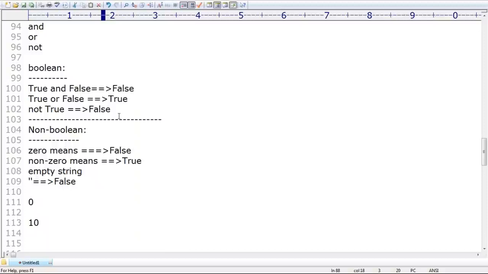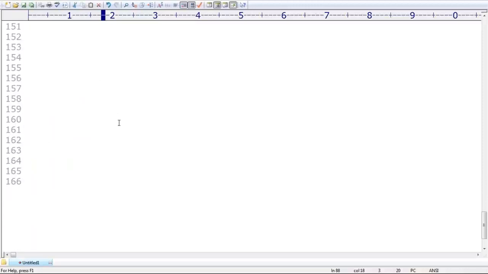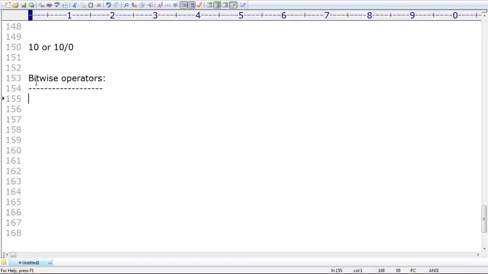Okay, next there is one concept named bitwise operators. Why the word bitwise? We can apply these operators bit by bit, that's why they are called bitwise operators.